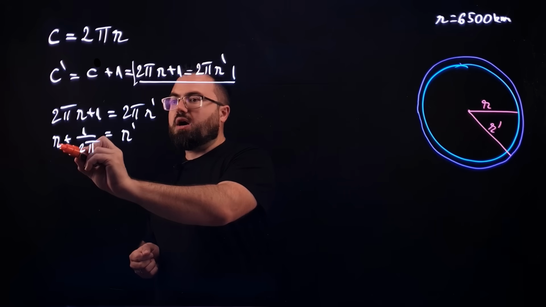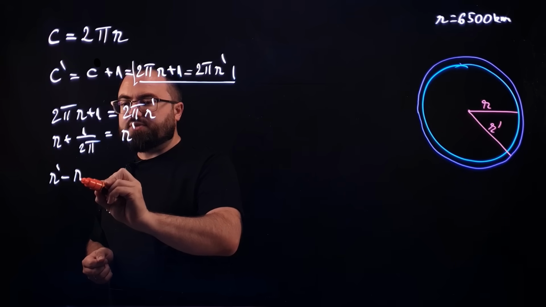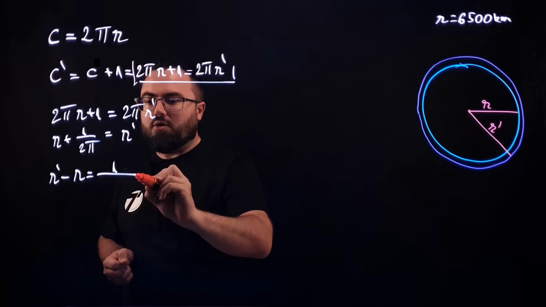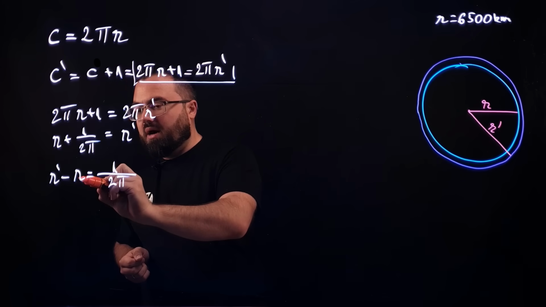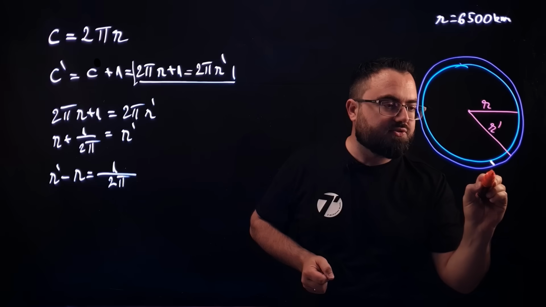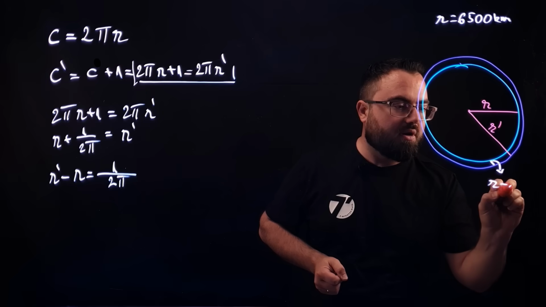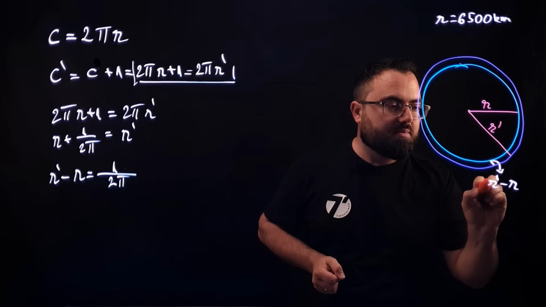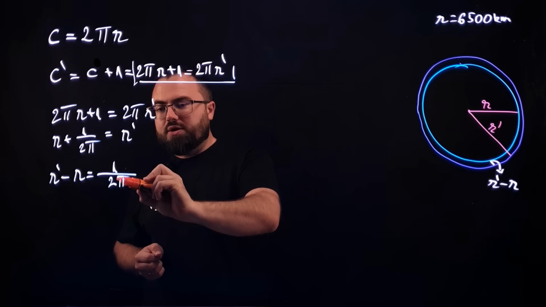Now we take this r to the other side and we have r prime minus r equals 1 over 2 pi. And r prime minus r is exactly this distance right over here. This is r prime minus r. And the distance here is 1 over 2 pi.